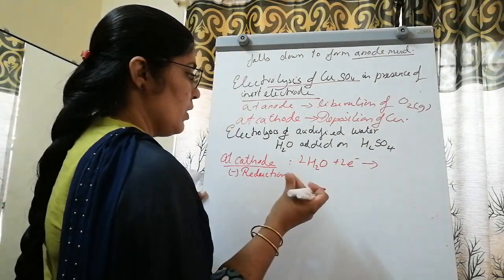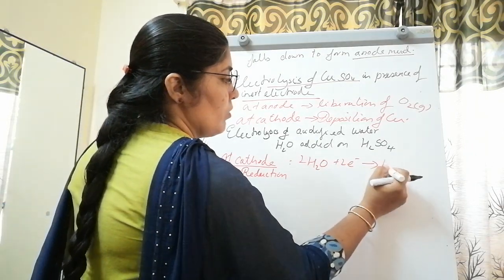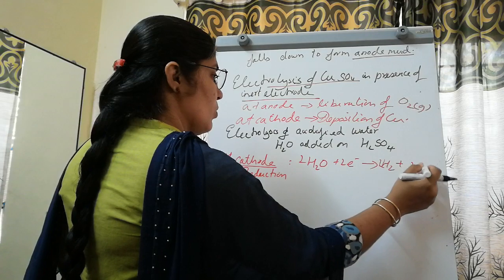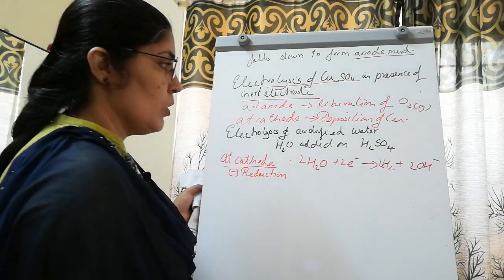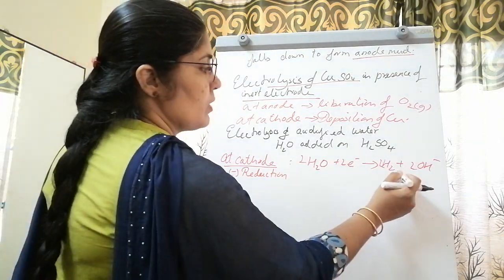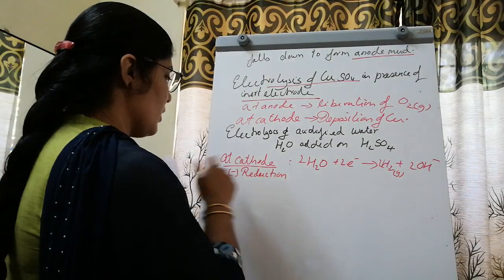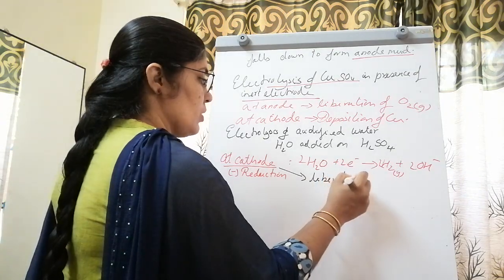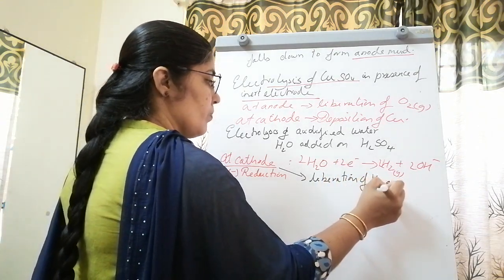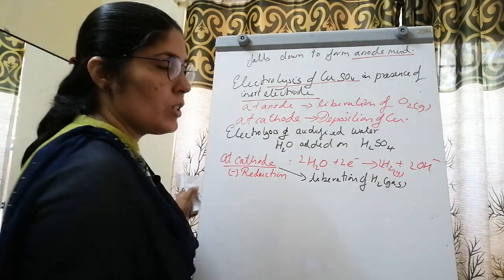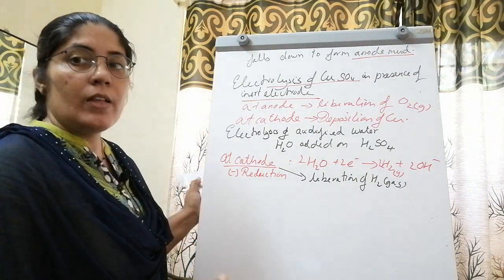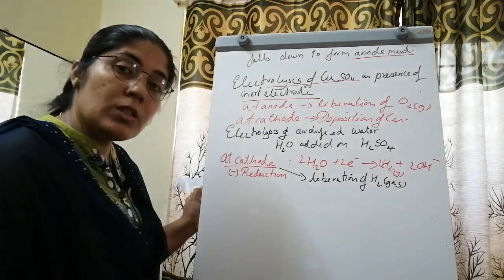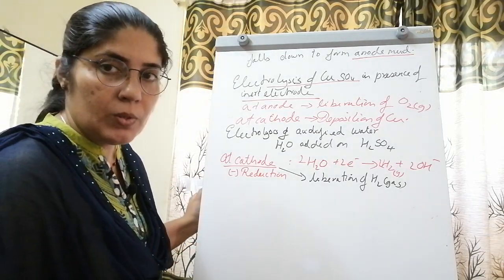That is, when we take 2H2O plus 2 electrons, we will get H2 plus 2 OH-, and this is the gas formed here. So you can say that at the cathode there is liberation of hydrogen gas. This is the only reaction that will take place, because as I said already, at the cathode the cation is attracted, and the cation formed here is only H+.